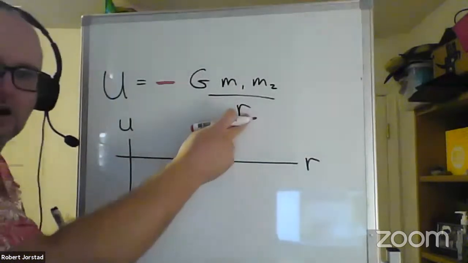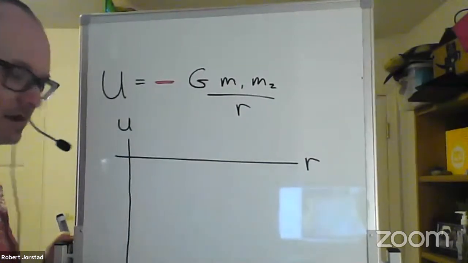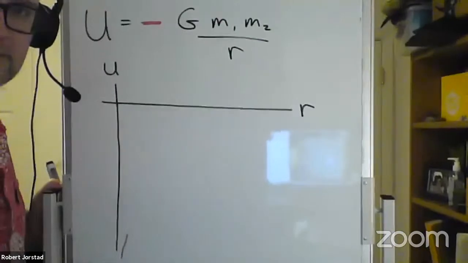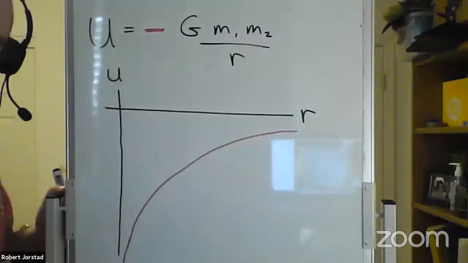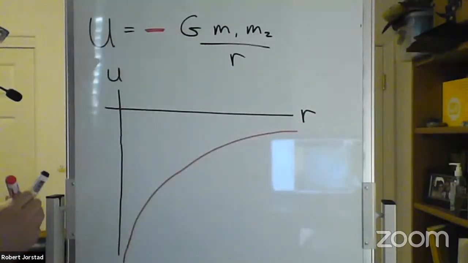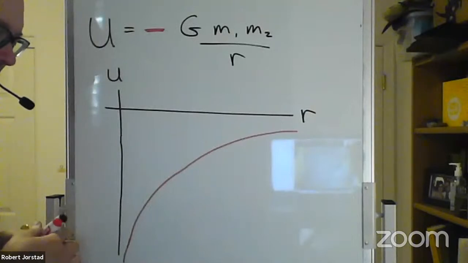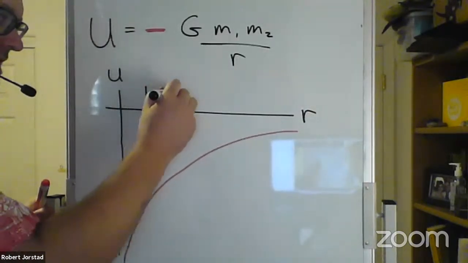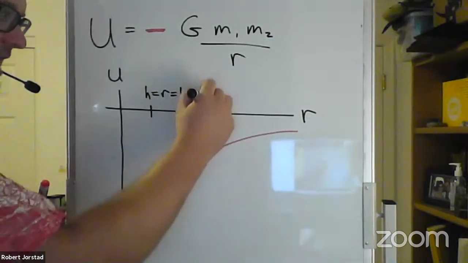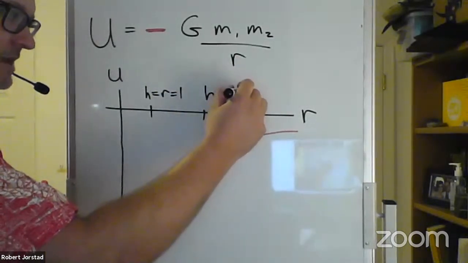And then what if R becomes very large? If R goes to infinity, what do you get? 0. 0. So it looks like this. It's the opposite of the 1 over R function. Now, if you go up to a higher height, let's say you start out at height equals radius of 1 meter, and then go to height equals radius of 2 meters.